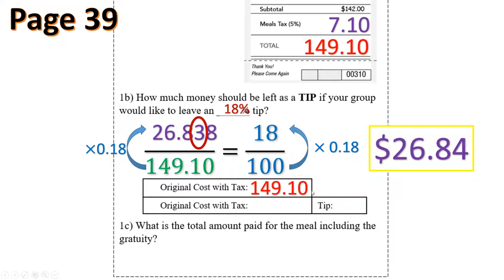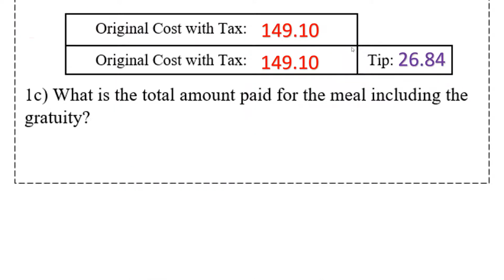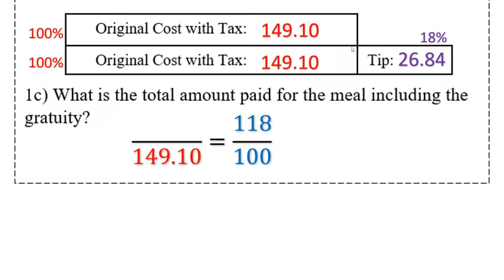So we have the original cost with the tax, which was $149.10. Therefore, we add the tip on, and that's how we get the total amount paid for the meal. So 100% plus the 18%, and we get, sorry, 118%. So this is a way to calculate it using the percent.